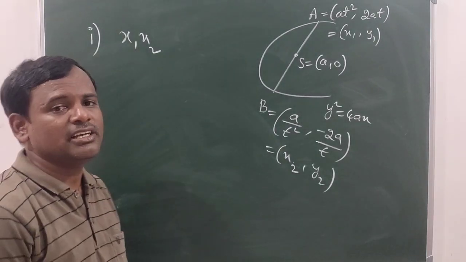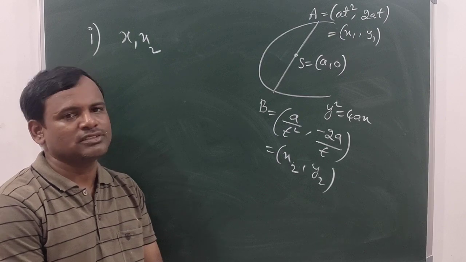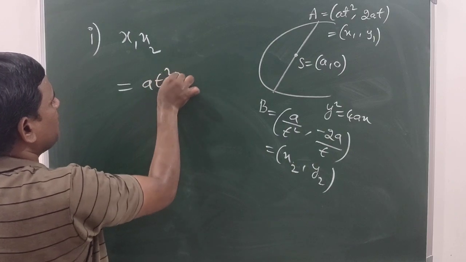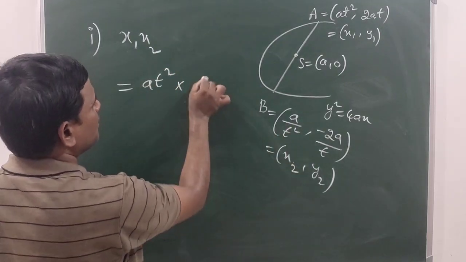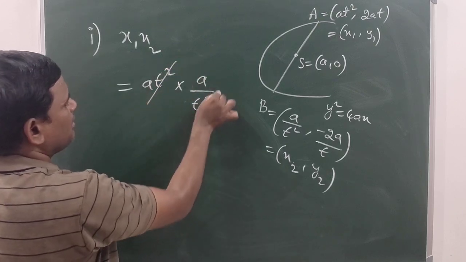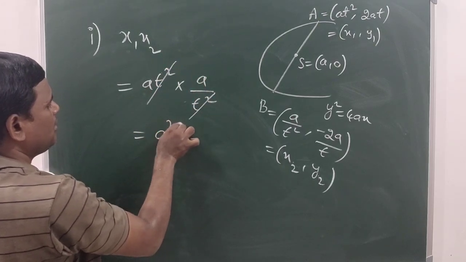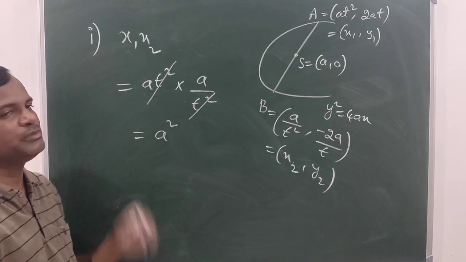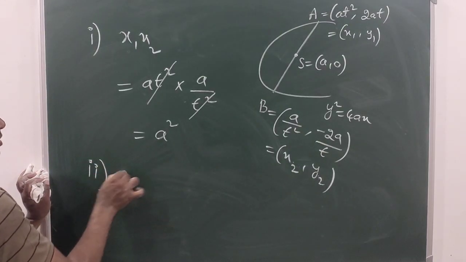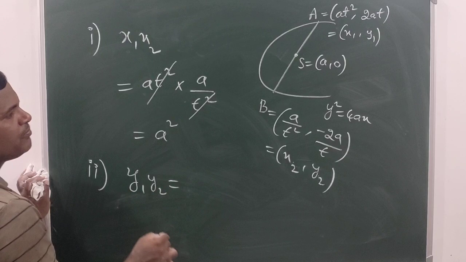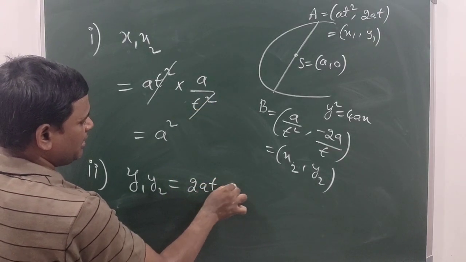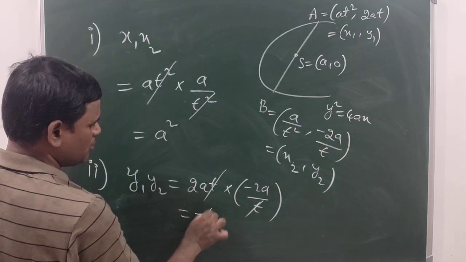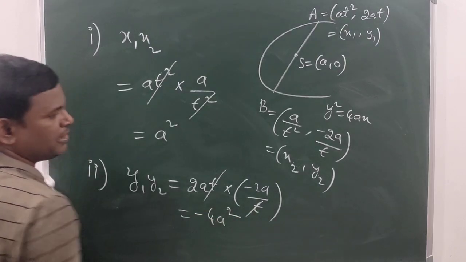So x1 is at square into x2, a by t square. t square cancel. a into a is a square, the product of abscissas. Similarly, can you find the product of ordinates y1 into y2? So 2at into minus 2a by t. t, t cancel. So minus 4a square is the product of ordinates.